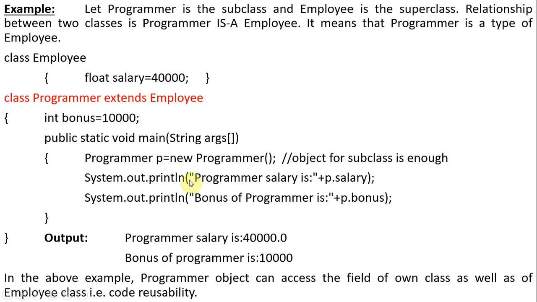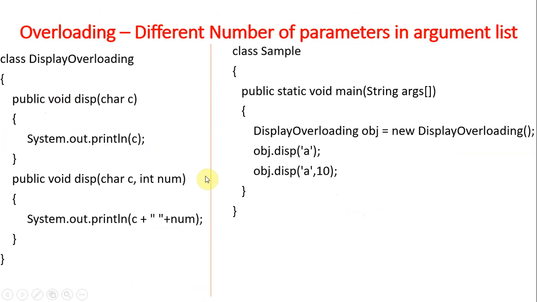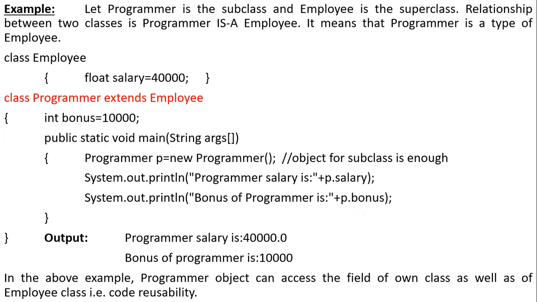There you are printing the programmer salary, p dot salary, by the object of the subclass. You are accessing the superclass variable, and that is possible with inheritance. And as usual, you print the bonus, which is already there in the program, with the object p dot bonus. So this is the difference between without inheritance and with inheritance.